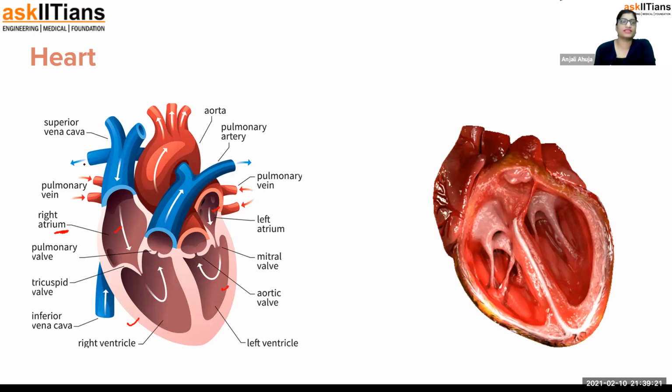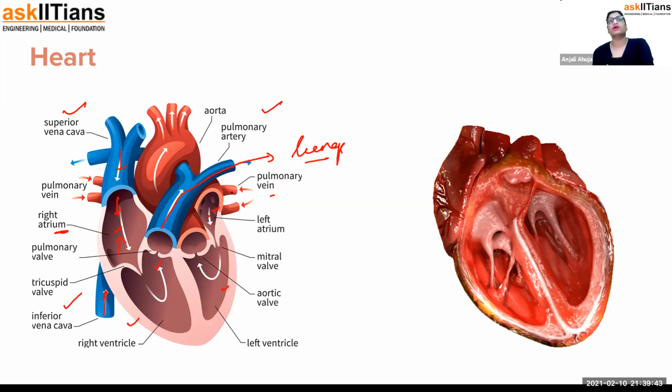This is the superior vena cava. This is the inferior vena cava, the blue one. Blue because it has impure blood. It comes in this part, and from this part blood goes to the lungs for filtration through the pulmonary artery, sorry. It comes back through the pulmonary vein into the left atrium.